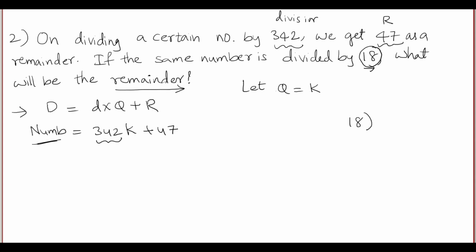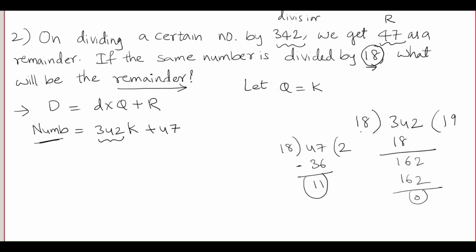Okay, so 342 divided by 18. On dividing 342 with 18, we are going to get 19. So this can be represented as 18 multiplied by 19 times k plus 47. As this number is greater than 18, I am dividing that with 18. So you will get 2. Okay, so it is 18 multiplied by 2 plus 11.